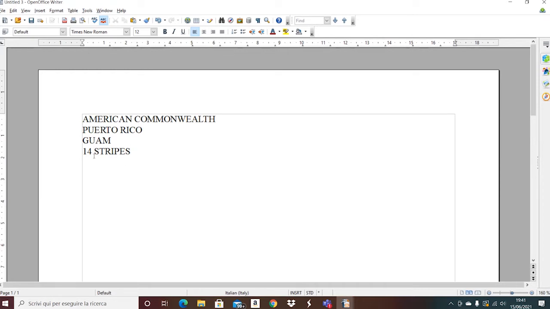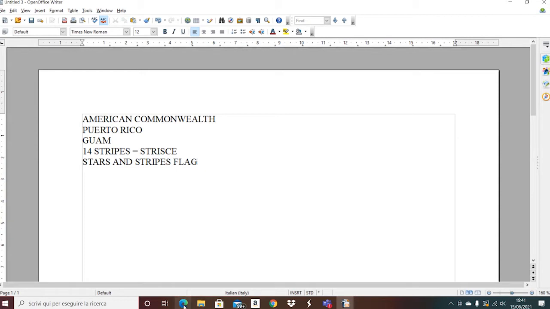And how do you translate it? Stripe in Italian? Sì, le strisce. In fact, the American flag is called the stars and stripes flag.